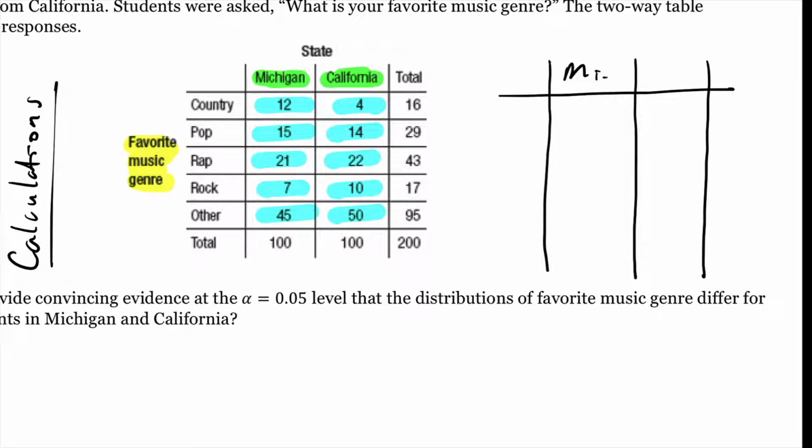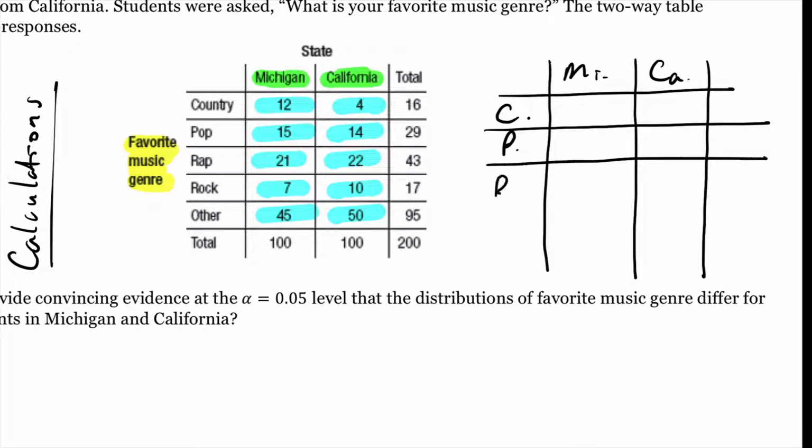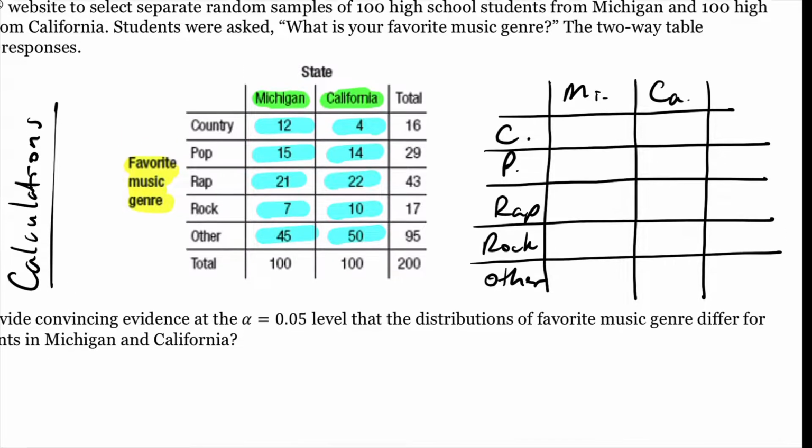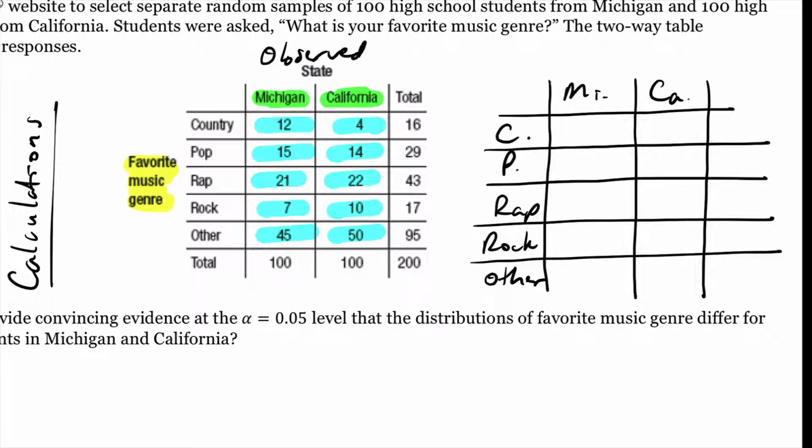So we have Michigan, we have California, we have country, we have pop, we have rap, we have rock, and then other. Okay, so we want to label this. This is the observed. This is the expected. So it's kind of like your calculator does, where it creates two separate matrices, matrix A and matrix B.